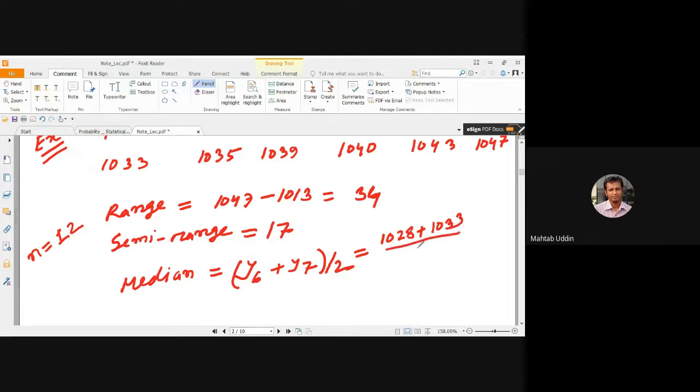So what is the median? 1030.5. Okay, so we have found the range, semi-range, and median.